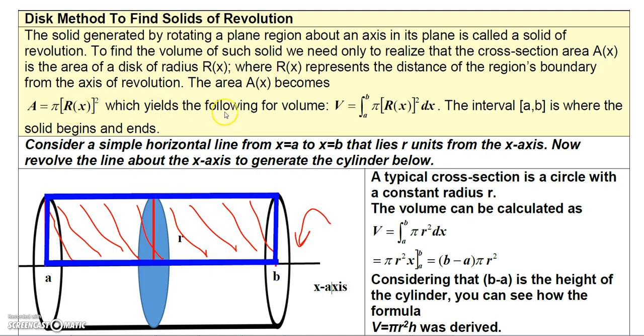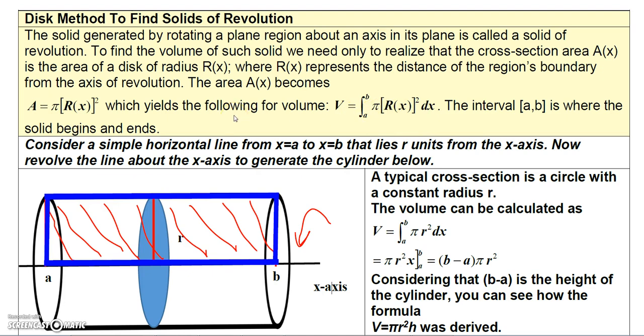So if that's the area, then the volume is just the integral from a to b, where a is one endpoint and b is the other endpoint of the region, of pi times that radius squared dx.